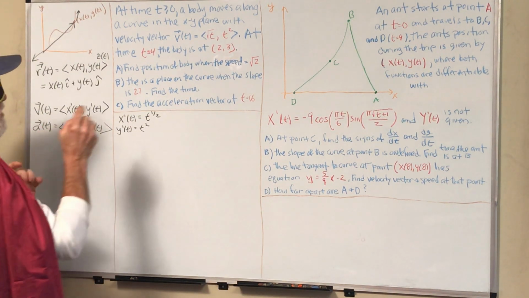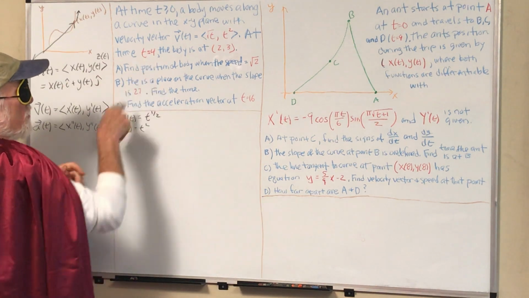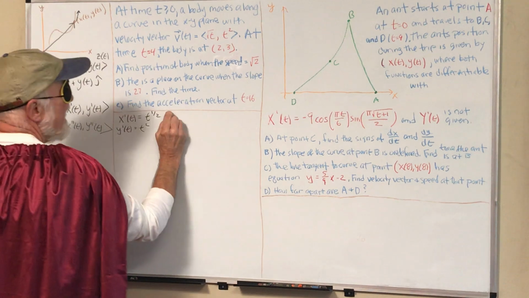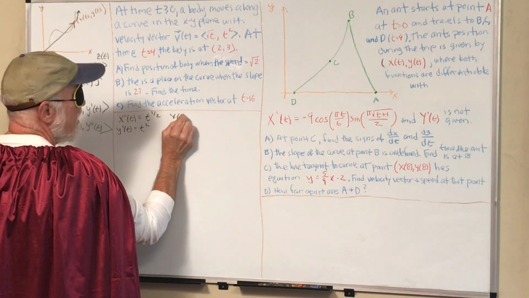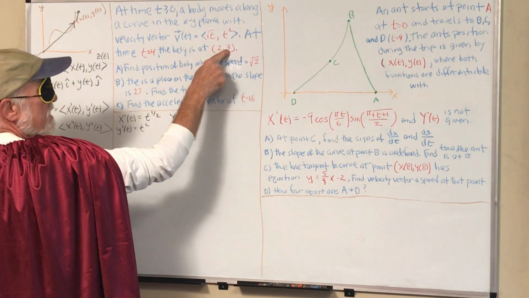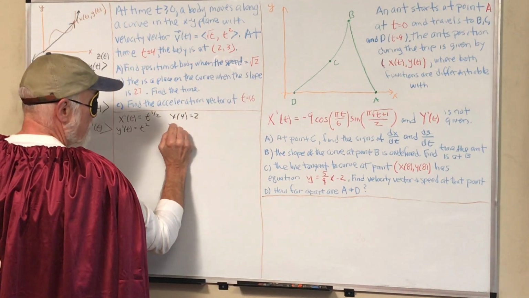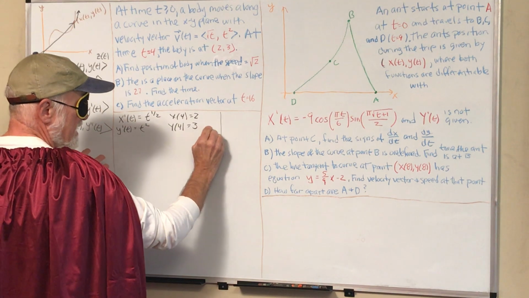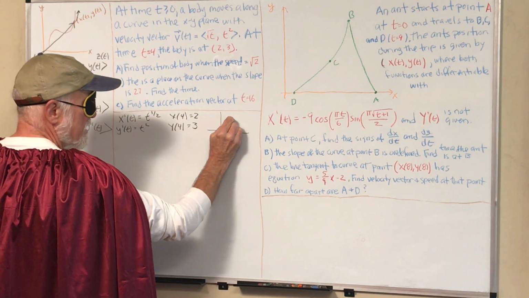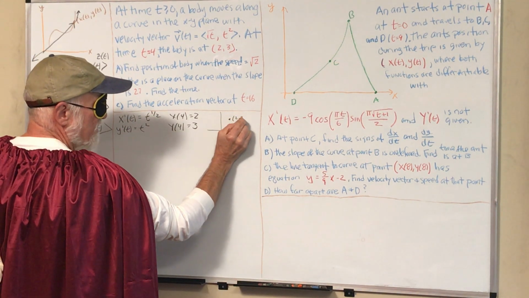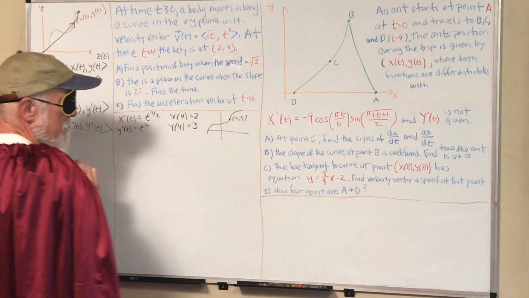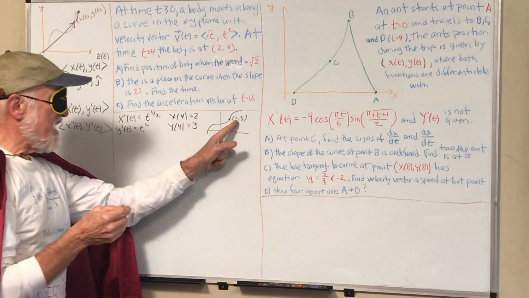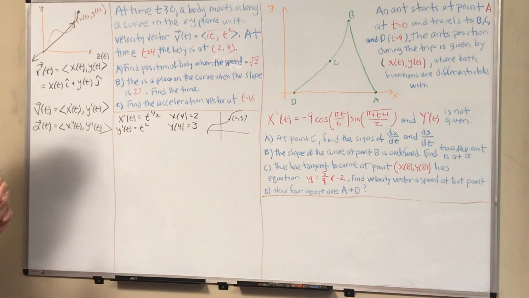And we do know one thing about the position. We don't know the position x of t or y of t, but we do know that x of 4 is 2 and y of 4 is 3. So we know one position at time 4, whatever the path happens to be, the particle, or the body in this case, is at position 2, 3.